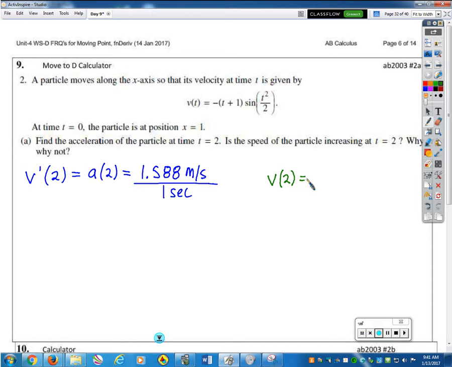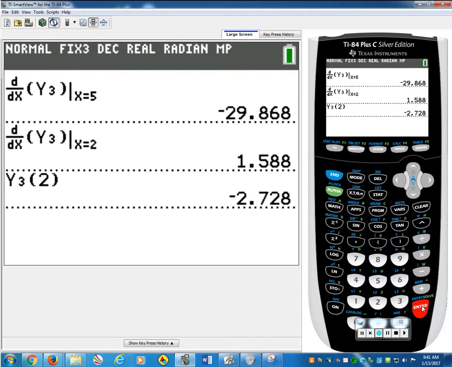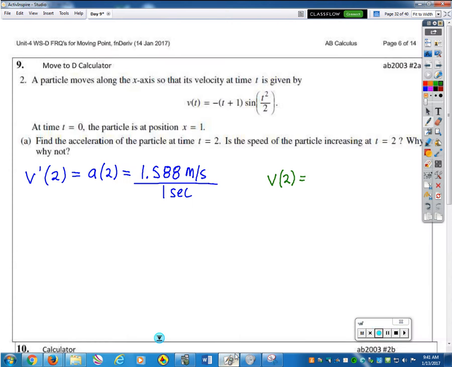I go back to the calculator. I say y3 is my velocity. So I type y3. Wrong one, clear that off. Alpha trace 3. Then I just put parenthesis 2. That gives me the velocity at time 2. I get negative 2.728. Come back here, write it down. That would be meters per second.